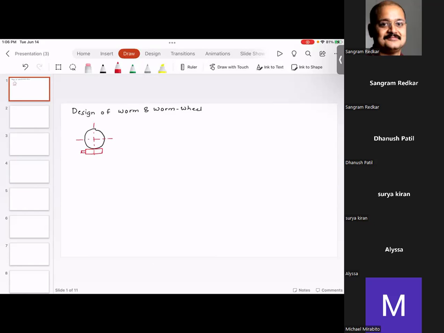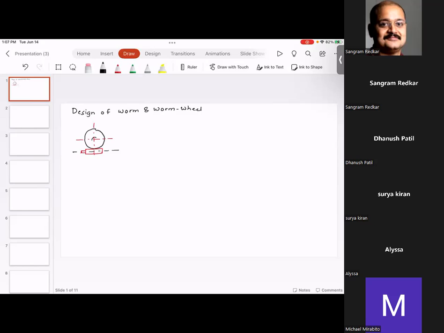As you can see, the biggest advantage of the worm wheel is that the axis of rotation for the worm and the axis of rotation of the wheel are in two different planes, and those planes are perpendicular to each other.